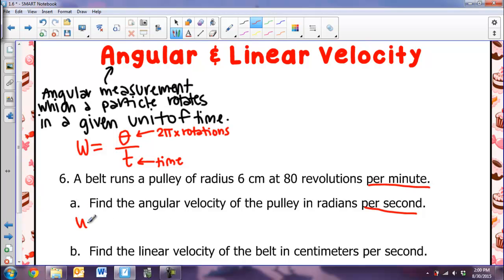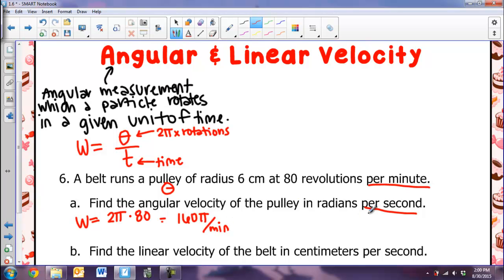So to find the angular velocity, we're thinking about this pulley, which is a circle and has a radius of 6. So the whole way around, to take a whole revolution, would be that 2 pi. Okay, it went around the whole circle and it went 80 times around in that 1 minute. So your first thing you would have with this would be 160 pi revolutions per minute.